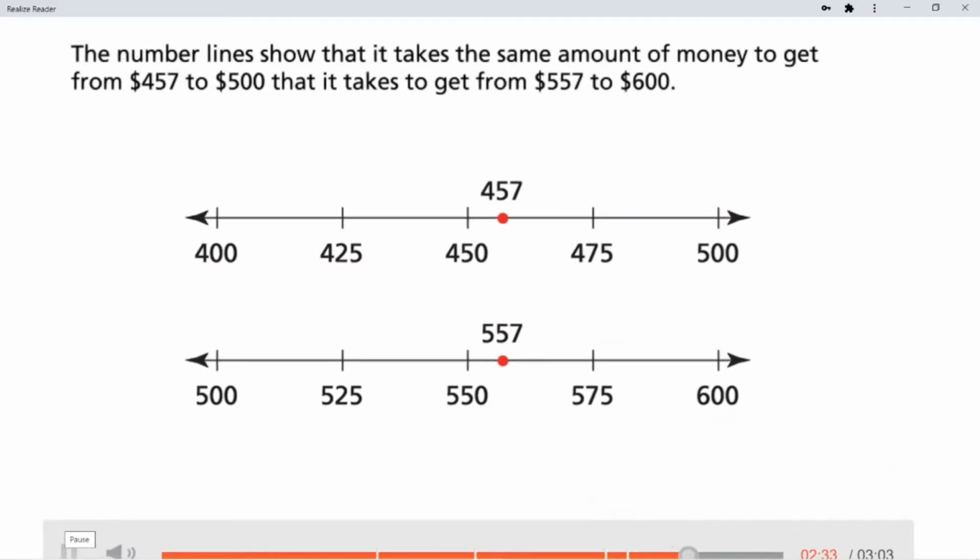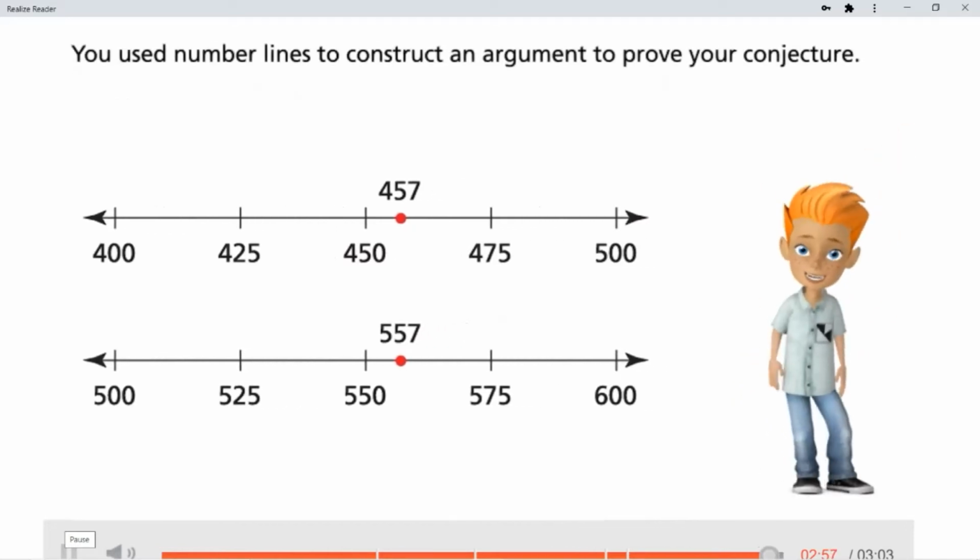The number lines show that it takes the same amount of money to get from $457 to $500 that it takes to get from $557 to $600. So 500 minus 457 equals 600 minus 557. My conjecture is correct. You used number lines to construct an argument to prove your conjecture.